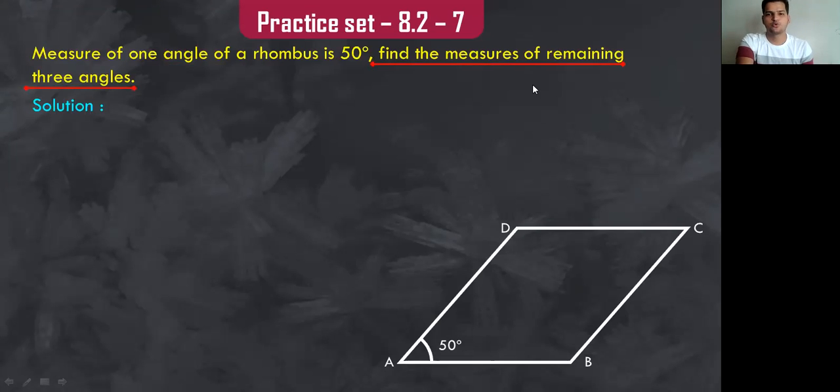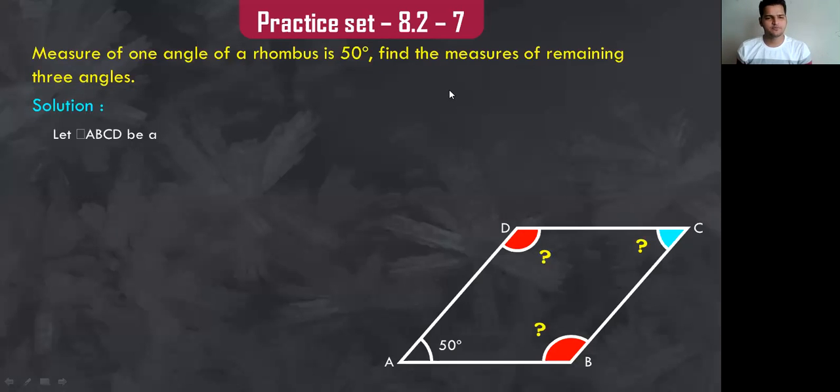Now, if I ask you which are the remaining angles apart from angle A, then obviously it is angle B, angle C, and angle D. Now, with respect to the angles, we had a property of rhombus, and that property was the opposite angles of a rhombus are congruent, right? Exactly. So let us start with the solution.